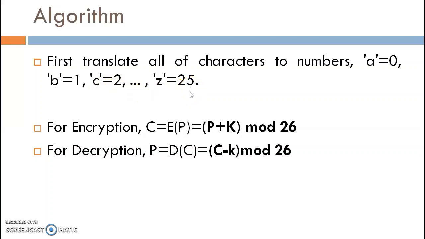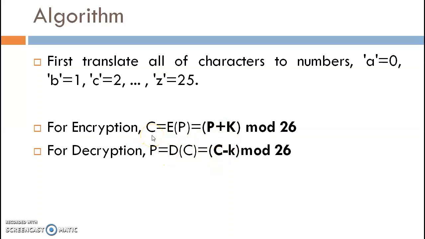So 0, 1, 2, 3 up to 25, and we arrange A, B, C up to Z. Now for encryption we use the algorithm C equals E of P equals P plus K modulo 26, and for decryption P equals D of C equals C minus K modulo 26. Here P is a plain text letter and K is a key; the key must be in numeric form.